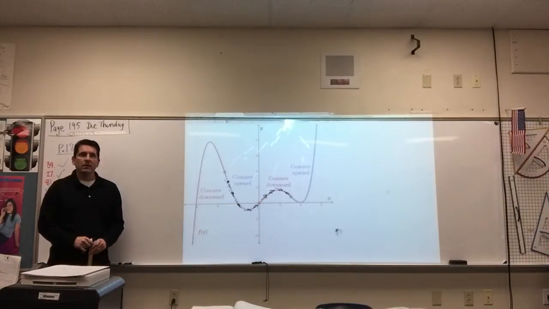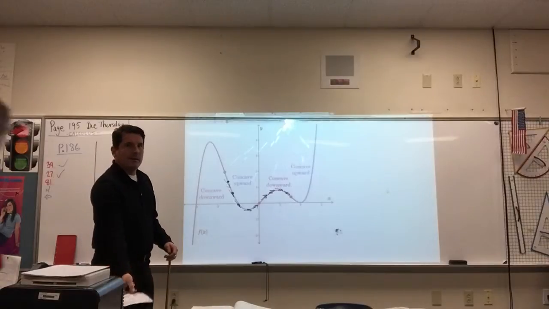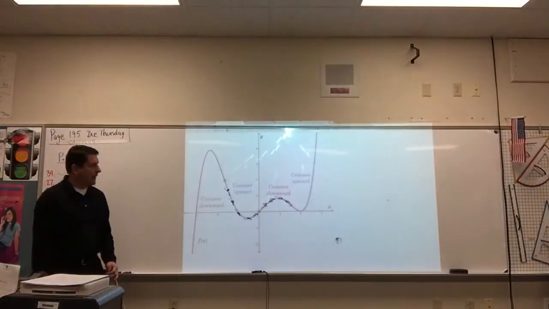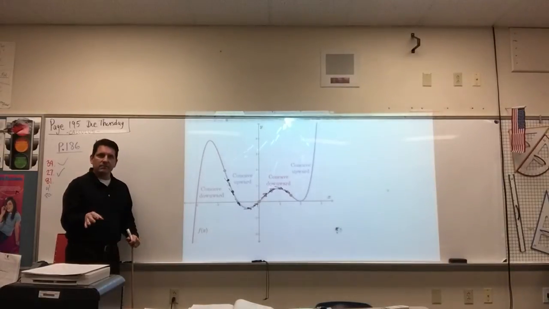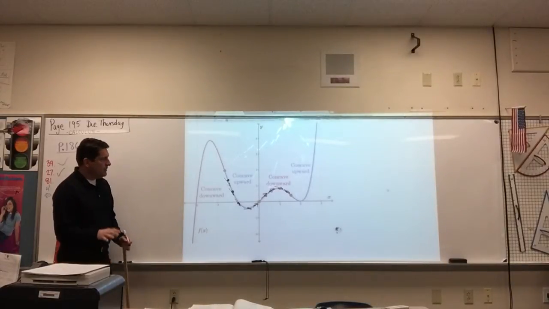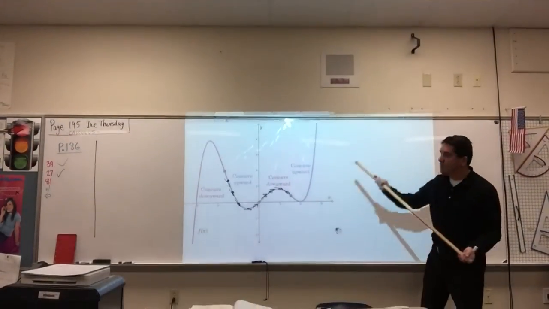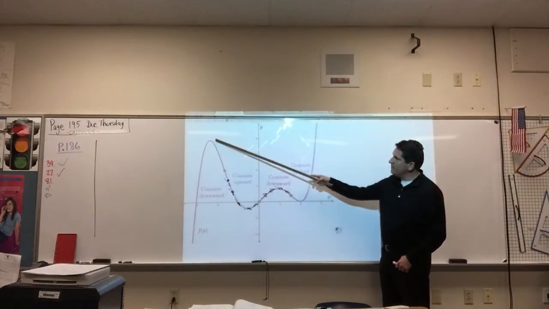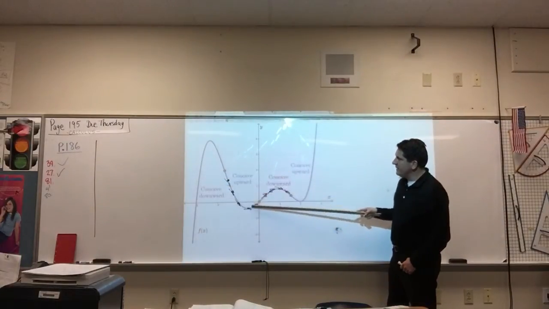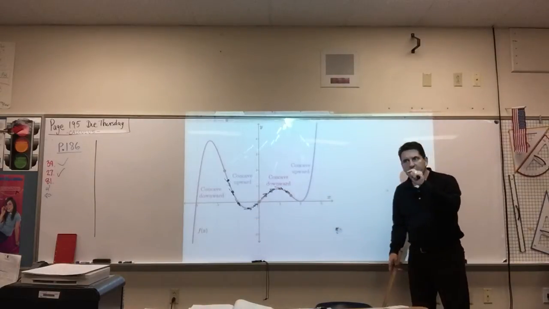Is there an easier way to find the inflection? Because I never know where to put it. Yeah. The inflection points sometimes are mysterious to find. But here's what we have to look at. That's why I got a couple of graphs that we're going to point those out. Anytime you go from concave up to concave down, or from concave down to concave up, it's at that precise moment.